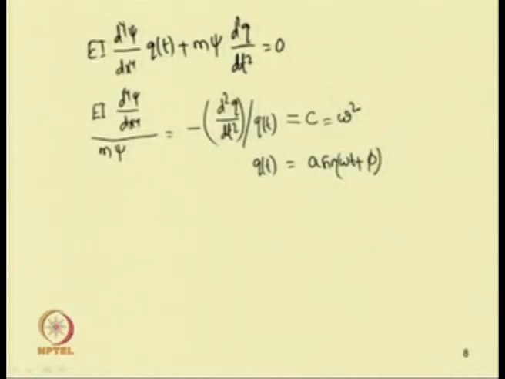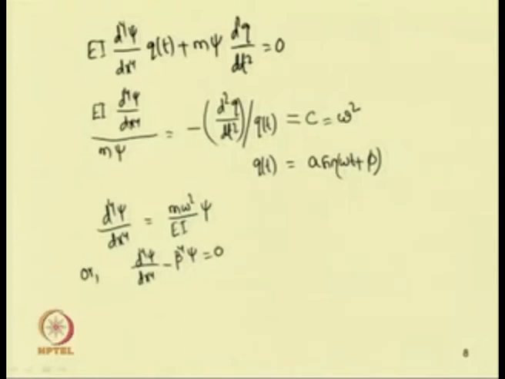Now, from the other part, one can write d⁴ψ/dx⁴ equal to mω²/EI into ψ, or it can be written as d⁴ψ/dx⁴ minus β⁴ψ equal to 0, where one can take this mω²/EI equal to β⁴.